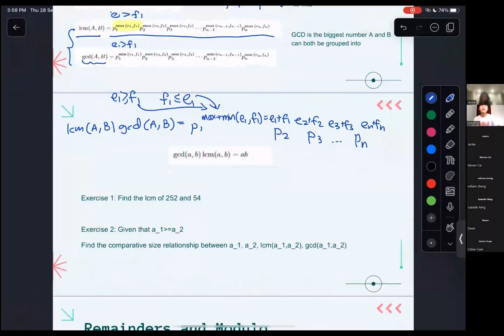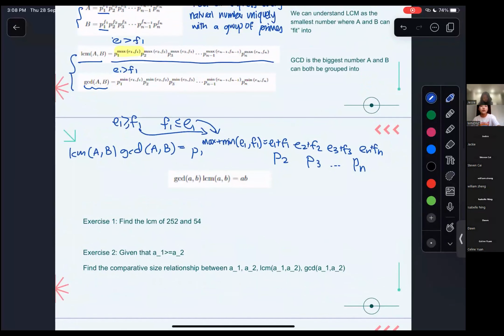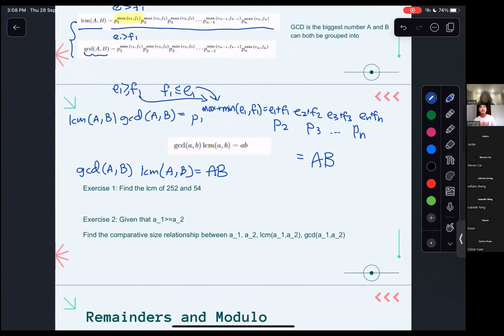And it's not a really rigorous proof, but you kind of get the idea that all of them have to be E1 plus F1, or E2 plus F2. And this is just equivalent to A times B. So we can conclude that. Like this, right? So that's sort of the idea.